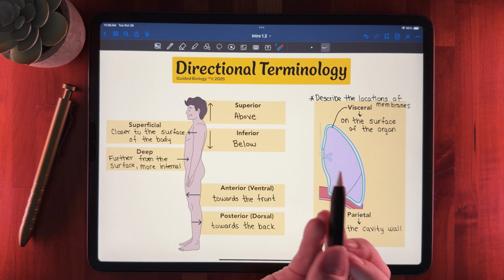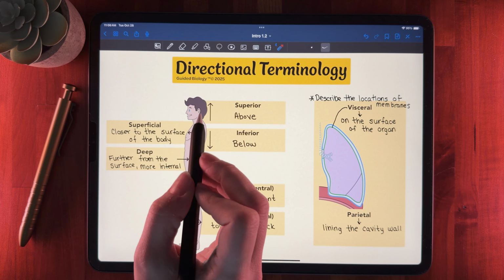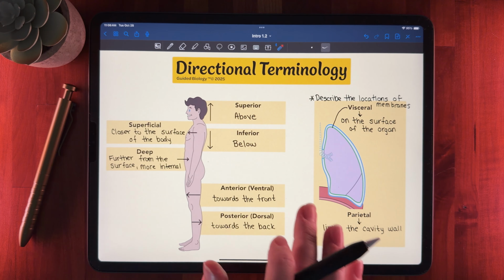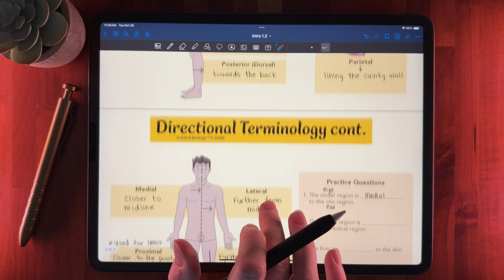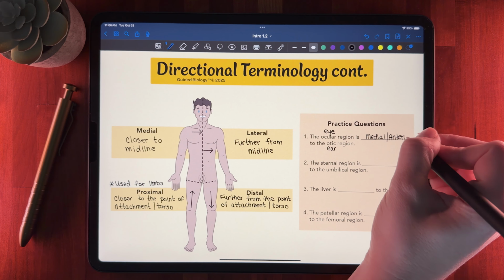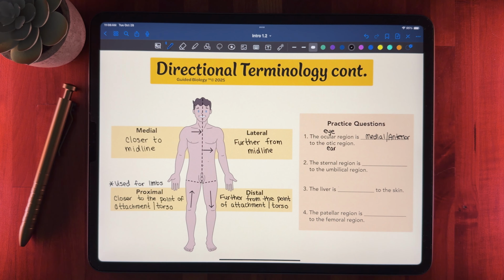So there is more than one correct answer. As long as it makes sense, you can describe both of those directions. You can say the eye is medial to the ear, or you can say that the eye is anterior to the ear.